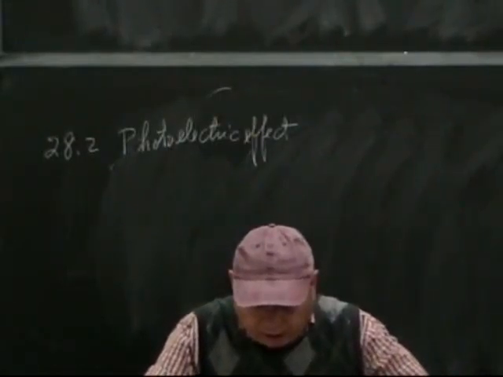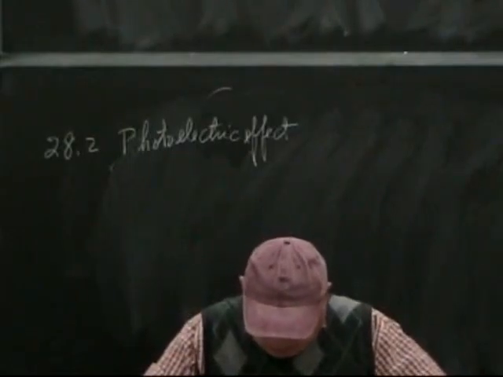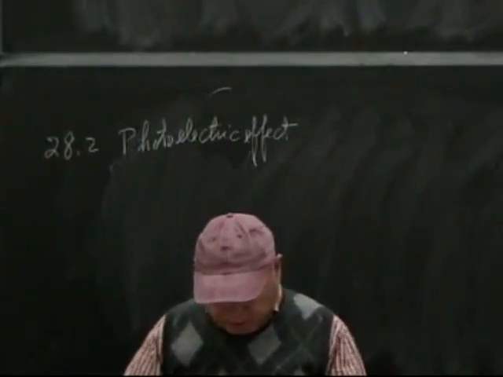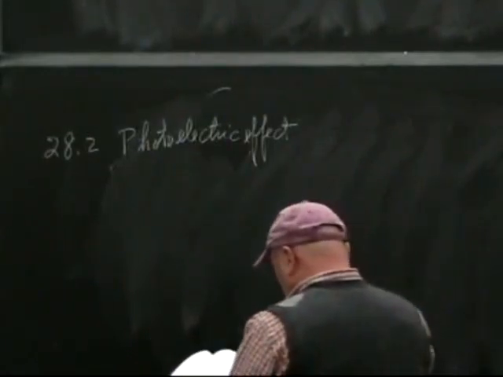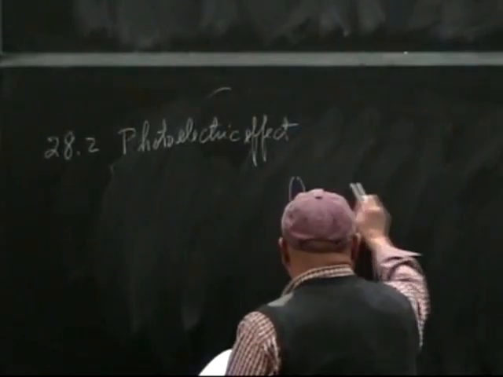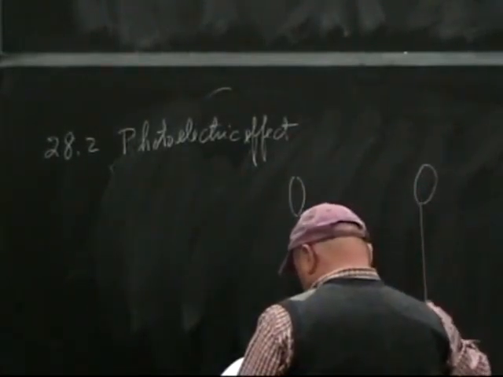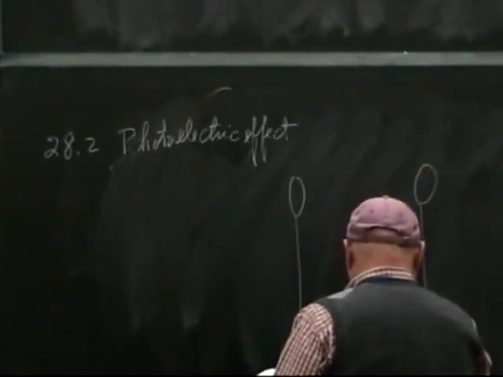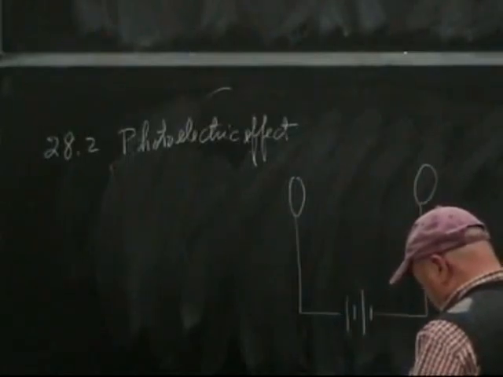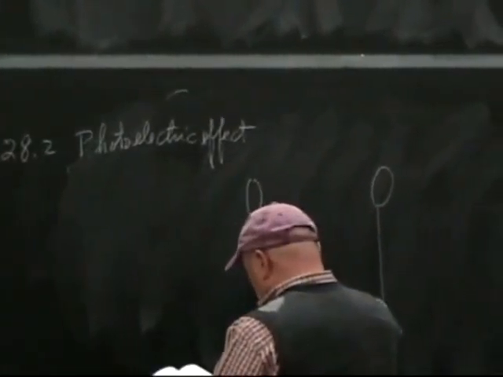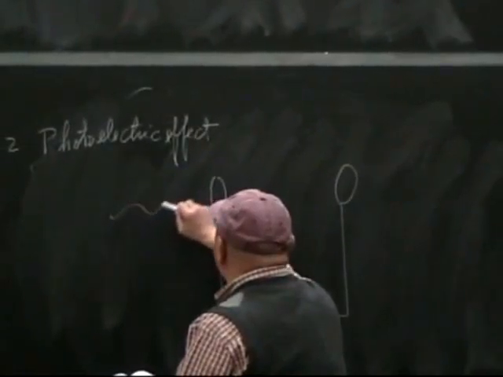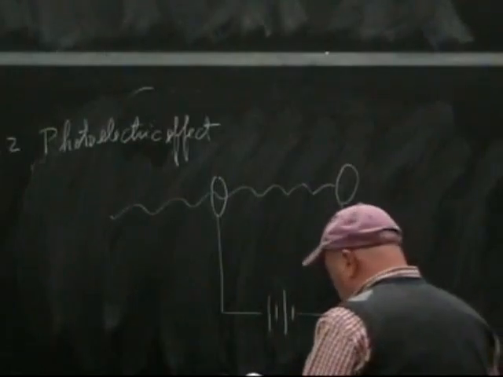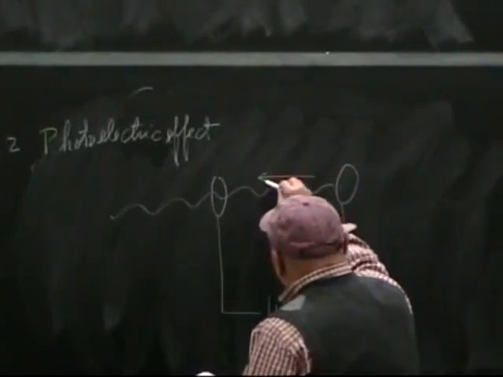Finally, Einstein explained what's going on there. He could draw the circuit like this, and this is basically a photocell setup. Light comes in and hits this photosensitive material, and electrons come out.